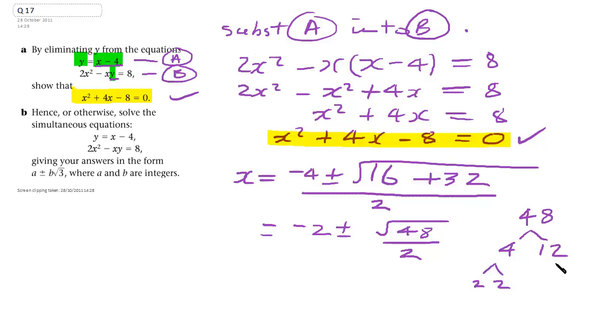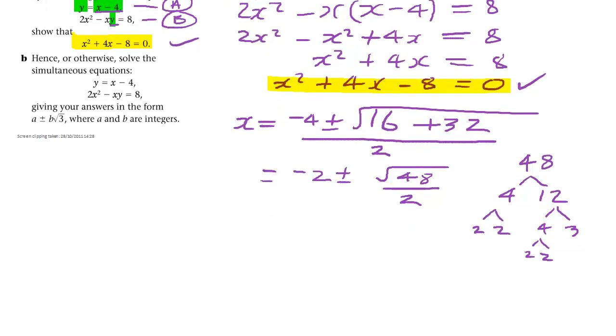2 times 2 is 4. You get 4 times 3 is 12, and then you get another 2 times 2. So remember, everywhere you have a pair, you have a square. So therefore, when we take these out, they get square rooted and we're just left with the 2. So the root 48, let's do that underneath here. As a side piece of working, root 48 equals the square root of 2 times 2, and 2 times 2, times 3.